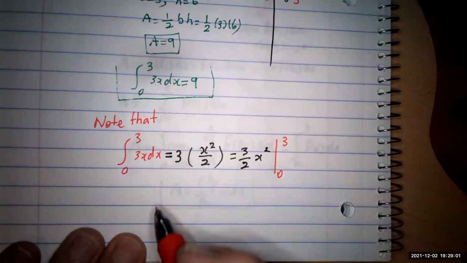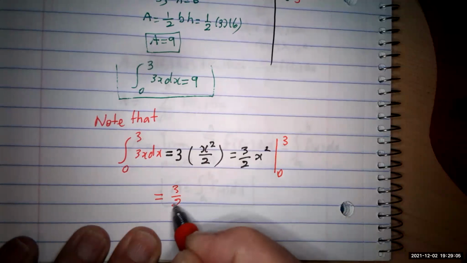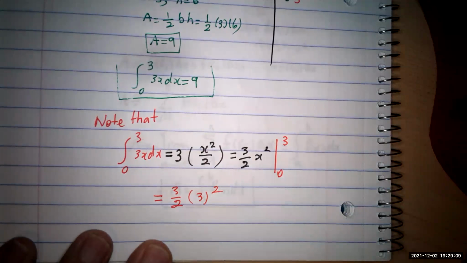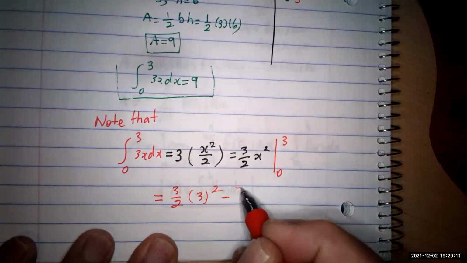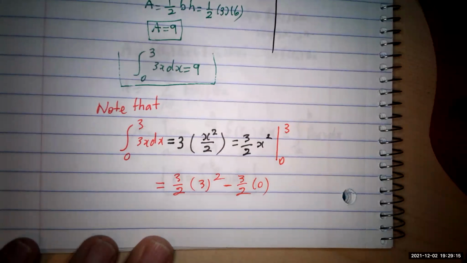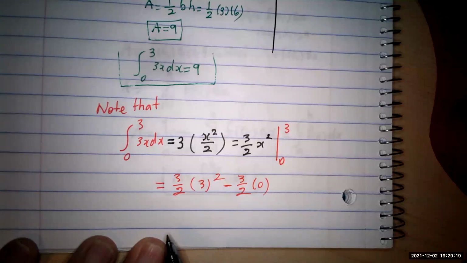So this is going to be 3/2 times 3 squared, then I subtract 3/2 times 0 squared. 3 squared would be 9.